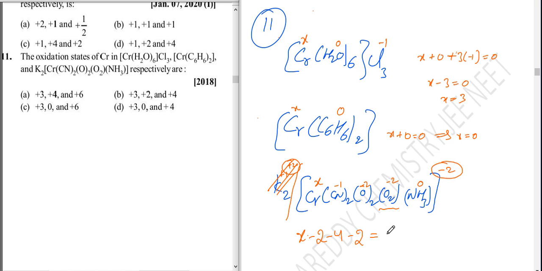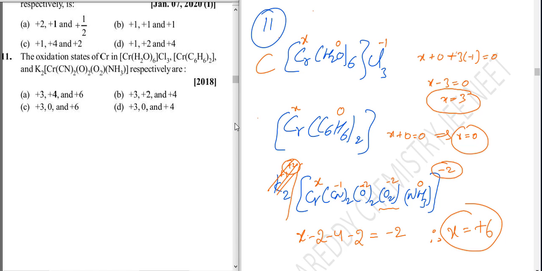On the bracket -2 is there, so equal to -2. Then -6 -8, if you take it right side, +8, therefore x equal to +6. Now answers 3, 0, +6 means option C.